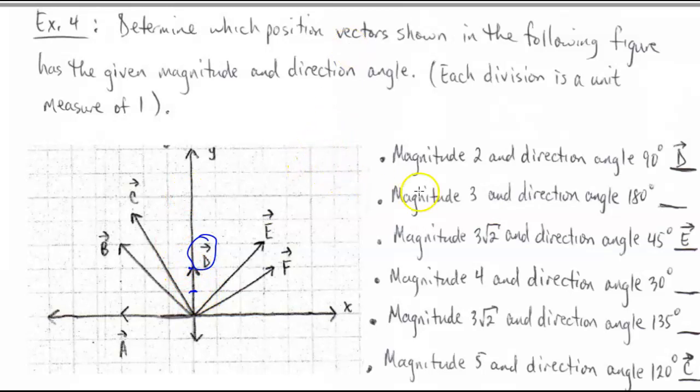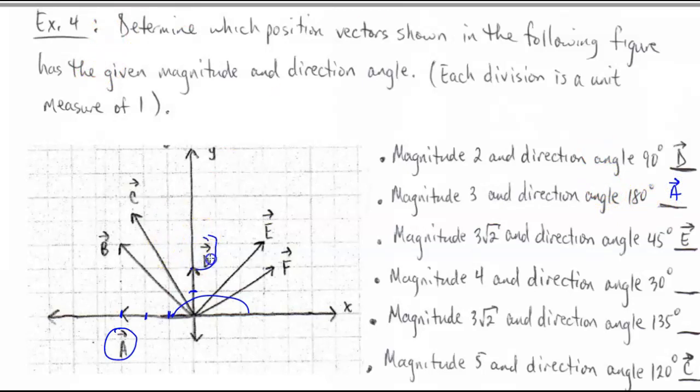So if we ask, what vector would have a magnitude of 3 and a direction angle of 180 degrees? Here we see that vector A has a length of 3, and with respect to the positive x-axis, that angle is 180. So this would be vector A here. Okay.